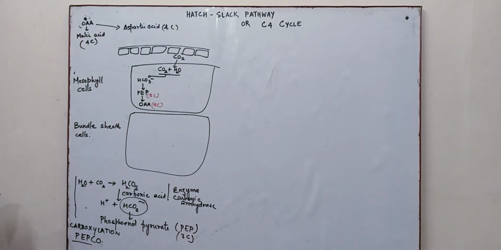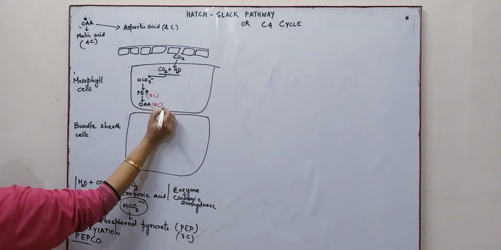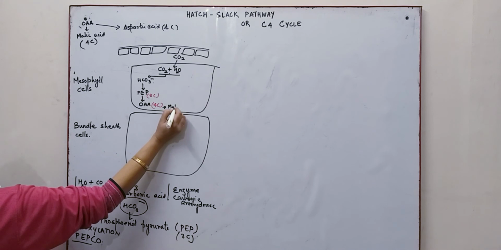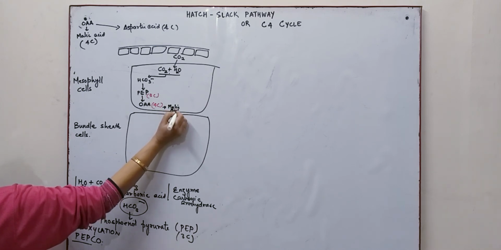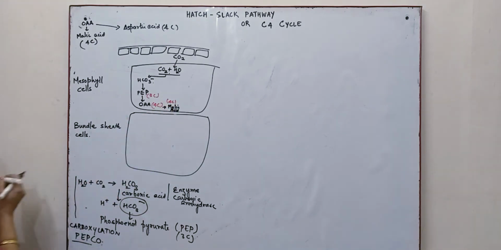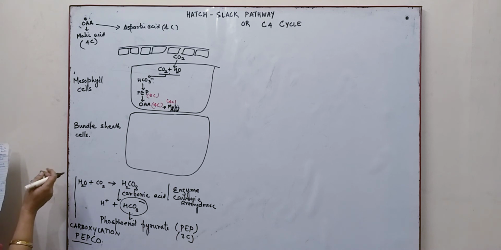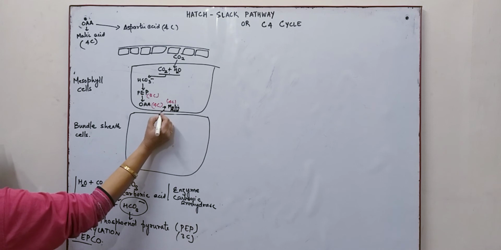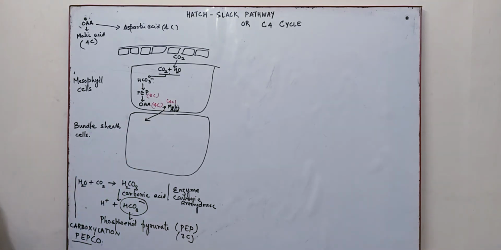Now, whether malic acid or aspartic acid, they will diffuse into bundle sheath cells. So what is happening over here? This OAA changes into malic acid. This malic acid diffuses into the bundle sheath cell.